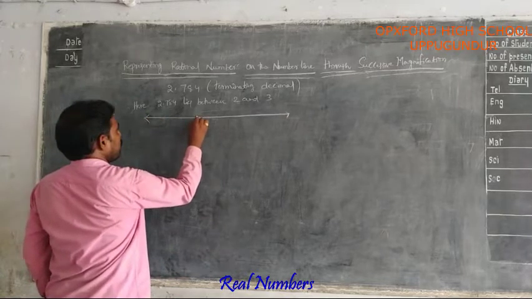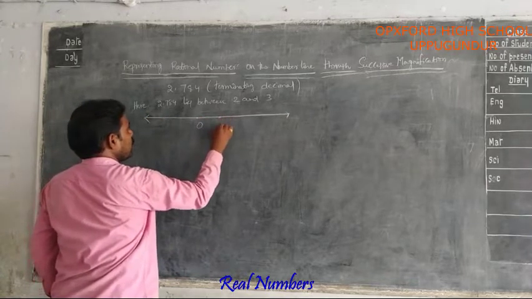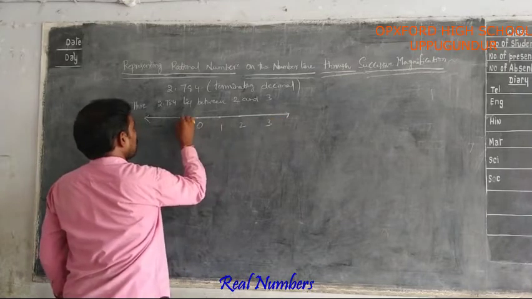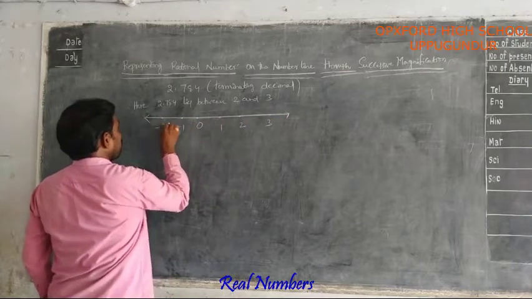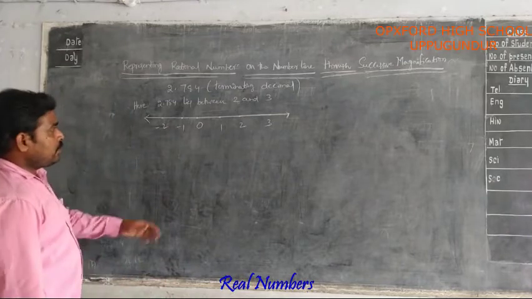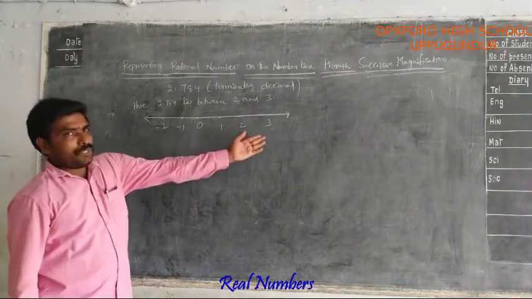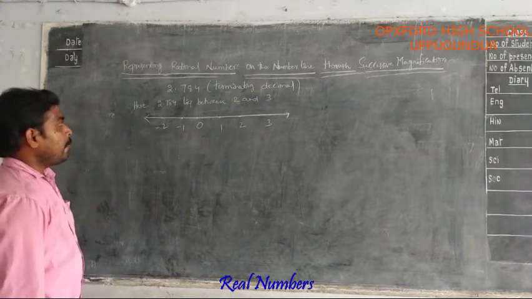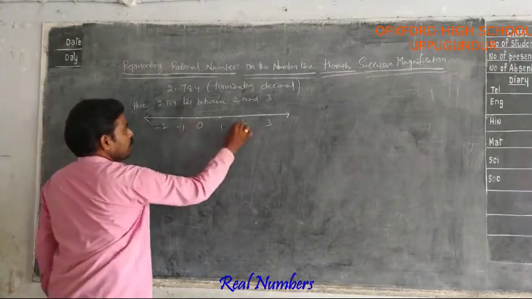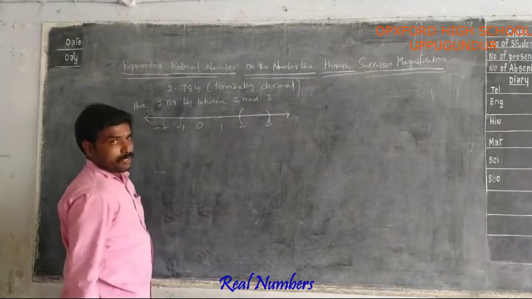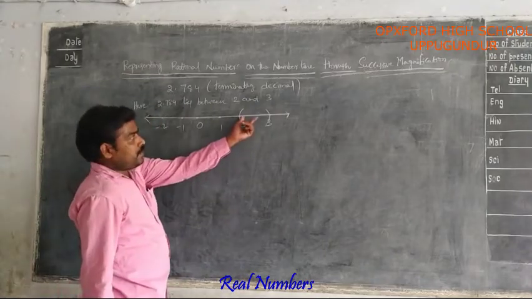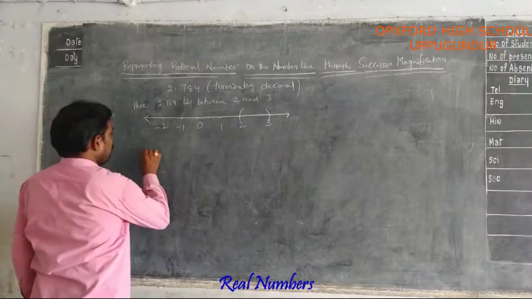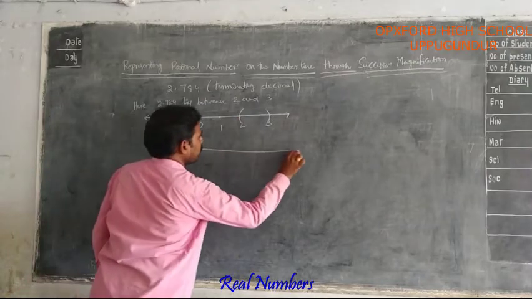Here we are representing 0, 1, 2, 3, minus 1, minus 2. In this number line we are representing positive integers to the right side of 0, negative integers to the left side of 0. Here this 2.784 lies between 2 and 3. Now you have to divide this interval into 10 equal parts.